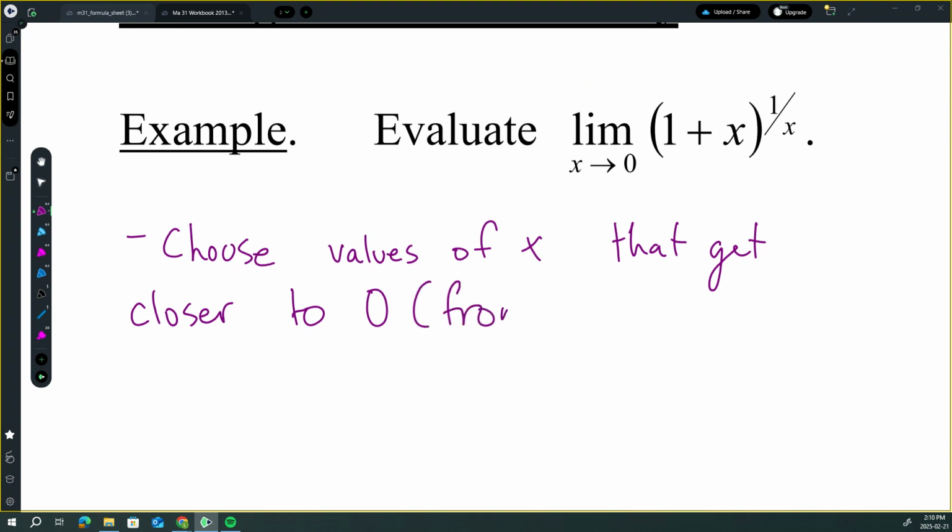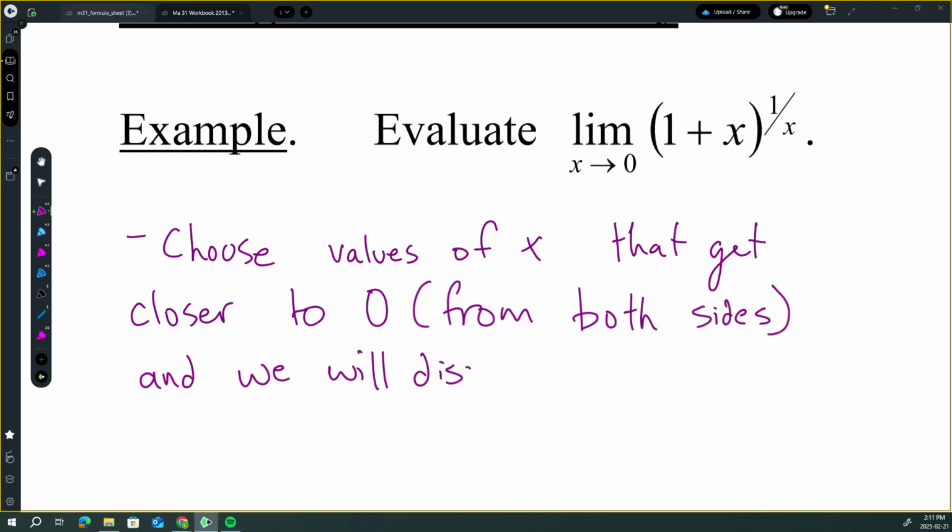We're going to choose those values of x getting closer to 0 from both sides, so both the left and right-hand side, and we will discover what f of x approaches.